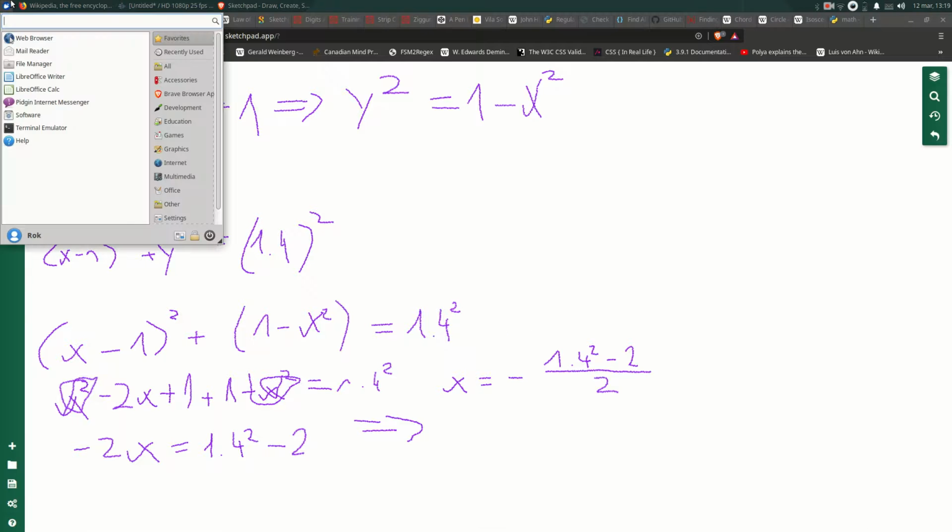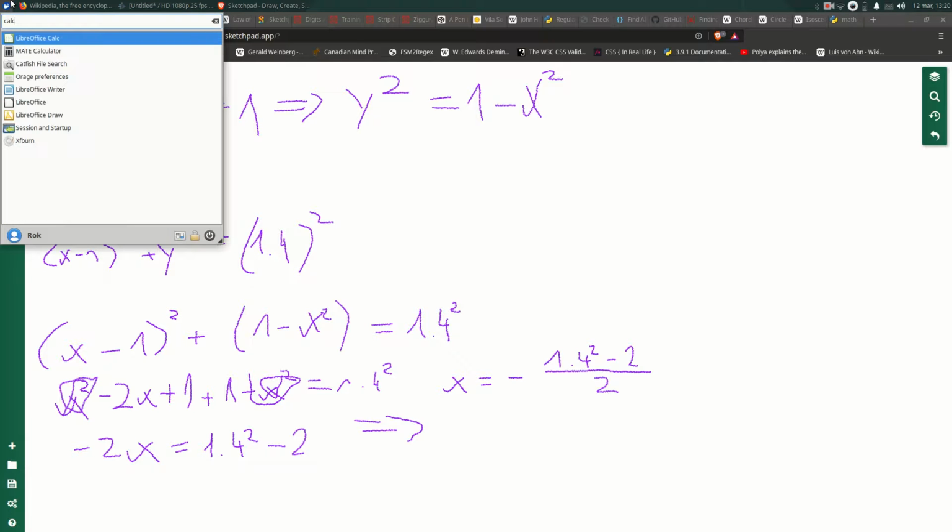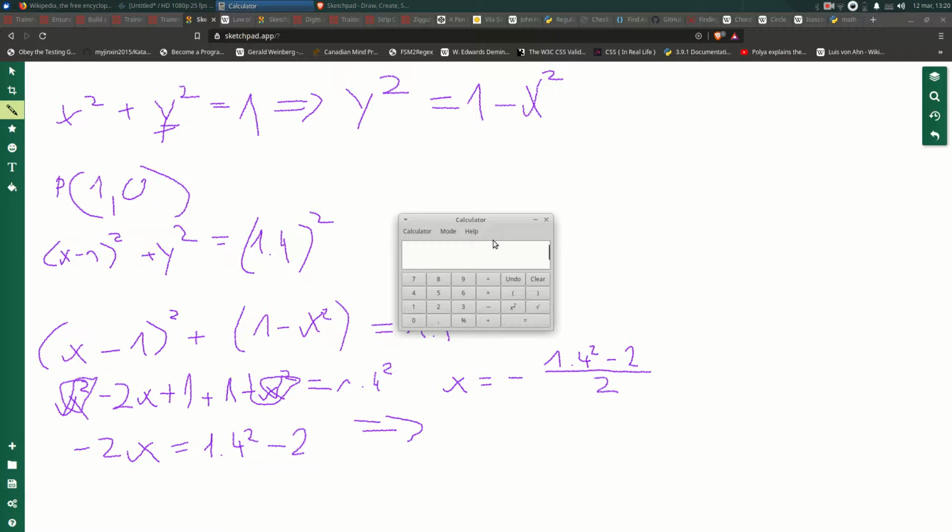Alright, so if you use a calculator, we say 1.4, that minus 2 is that, times minus 1 is that, divided by 2 is that.